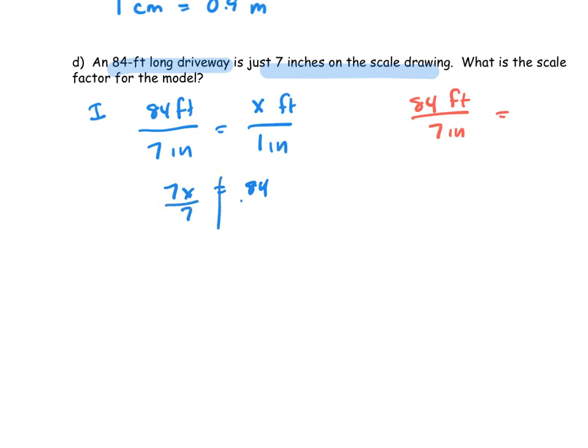I'm going to divide by 7, and you can see why we can go to the shortcut, and we will get 12. The nice thing, I know what 12 means. It means 12 feet. So 1 inch on the scale model represents 12 feet on the real. The rate that I would use in my equation would be 7.